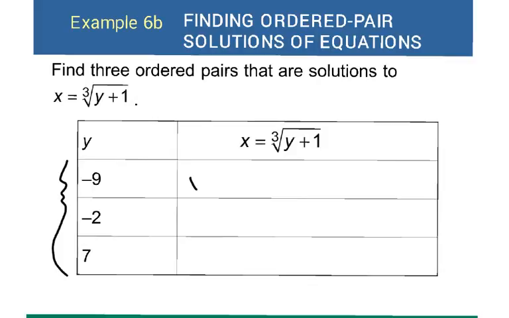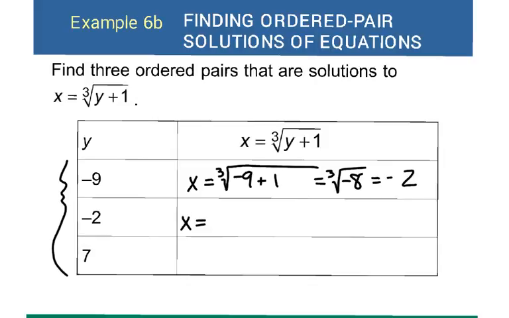I'm going to plug in -9, which equals, oh, that's a cube root, which equals cube root of -8, and that is -2.